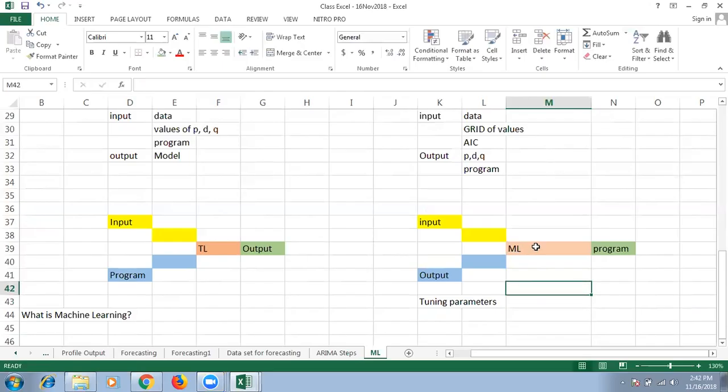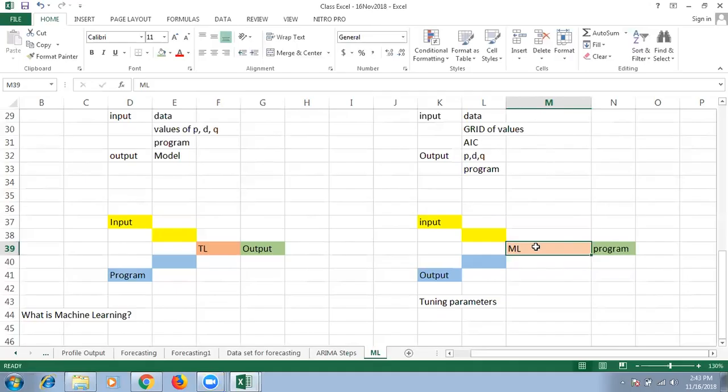So that means if I'm using a technique, for that technique you should know what the tuning parameters are. If I change them, I will get different models. By changing the values of, for example, PDQ, I will get different models, right? Suppose P equal to 1, D equal to 1, Q equal to 1, I got one model.